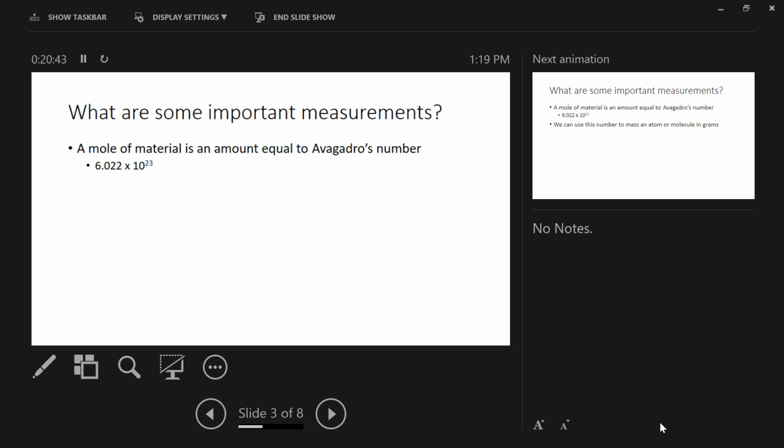Okay, but this is already a big number. 6.022 times 10 to the 23rd power. That is a huge number. And I know what you're wondering: what on earth does this number come from? Because I can't even imagine having that amount of something. Imagine what 6.022 times 10 to the 23rd people would look like.